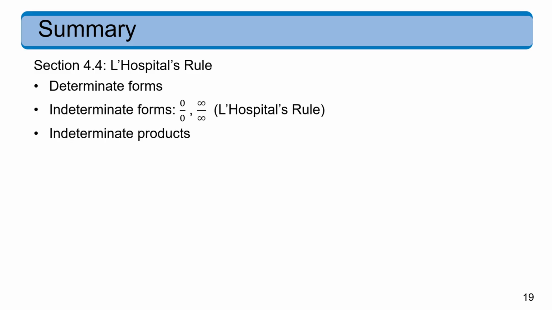But then we learned about some other indeterminate forms. One was the indeterminate products, which is the form 0 times infinity. And we learned a specific method for how to rewrite that product as a quotient, and then it's in one of the two forms where you can use L'Hopital's rule.